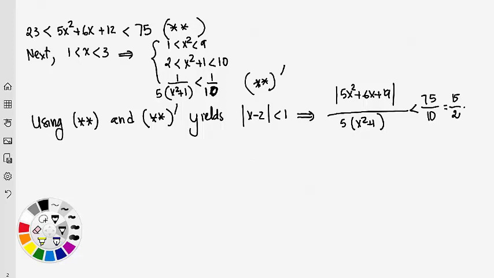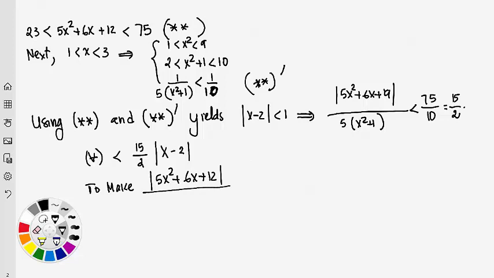So then star becomes less than 15 over 2 times the absolute value of x minus 2.